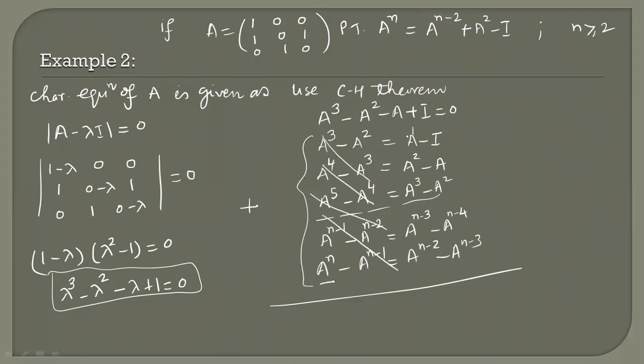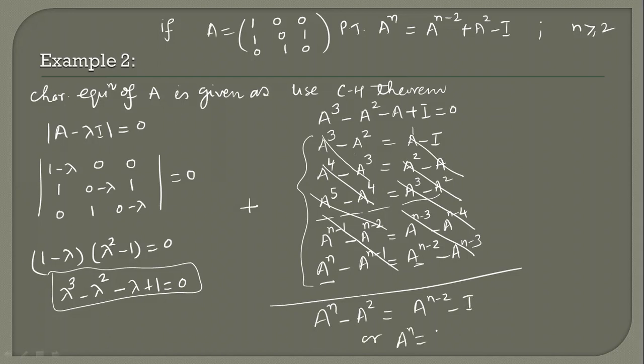On the left hand side, minus A square, A cube, all terms are cancelled, and in the last, minus I is kept only. So you can write A to the power n minus A square equal to A to the power n minus 2 minus identity, or A to the power n equal to A to the power n minus 2 plus A square minus I. This is the required proof for this question.